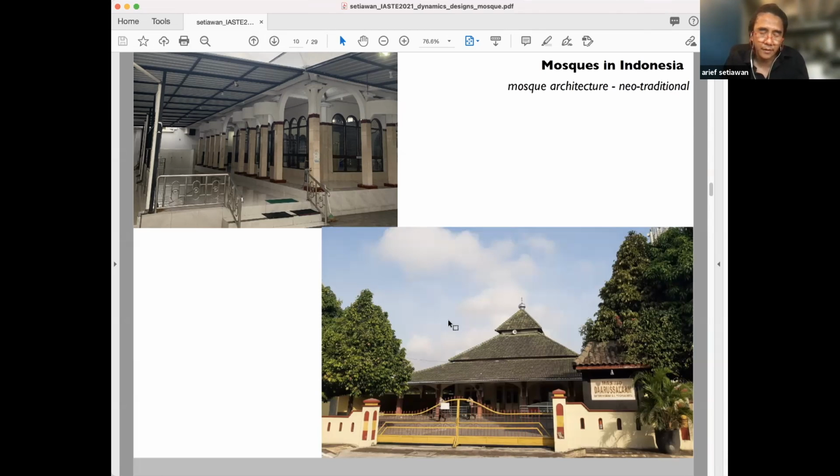But instead of a mosque with multiple spaces, like the traditional Javanese mosque, this neo-vernacular mosque usually consists of only a single space surrounded by terraces on three sides. So those are the common ways of designing mosques in Java, in Yogyakarta in particular.